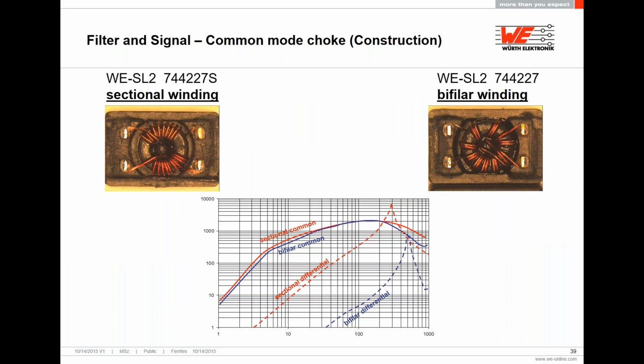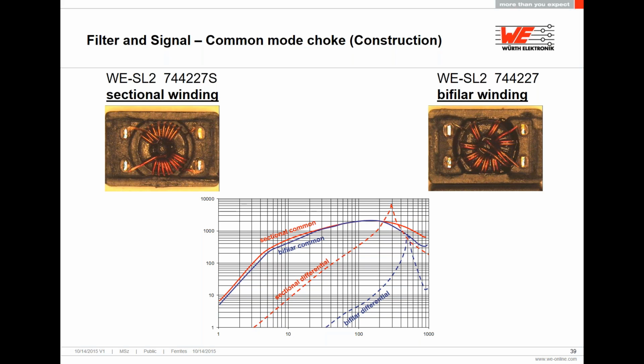So there are two types of windings in our common mode chokes. We have sectional windings and we have bifilar winding. The sectional winding components are mostly used for power supply applications, but can also be used as an inductor to attenuate differential mode noise.